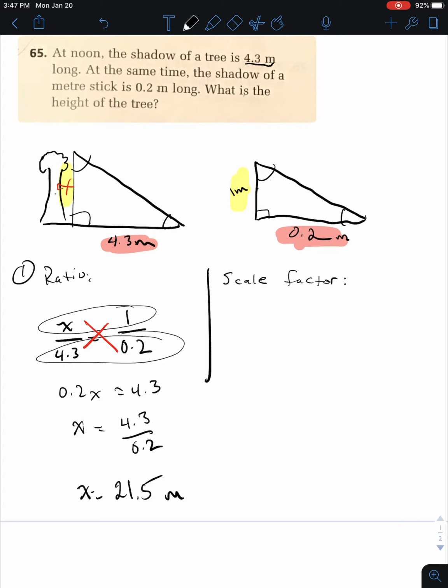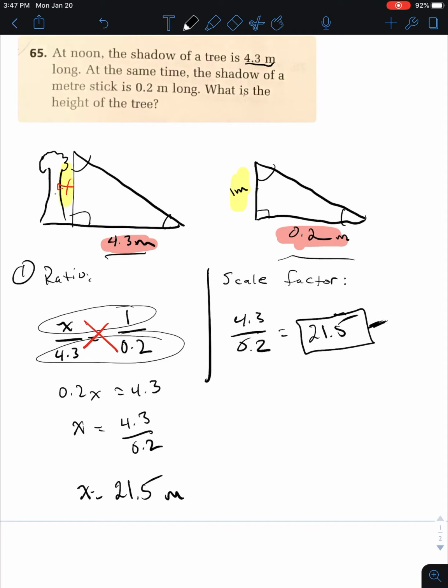So you could do 4.3 divided by 0.2, and that's going to equal 21.5. That's just a scale factor. That's how many times bigger this one is than this.